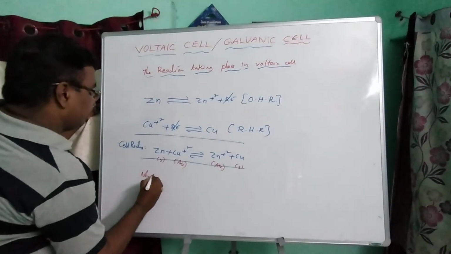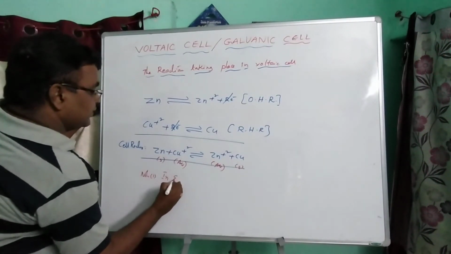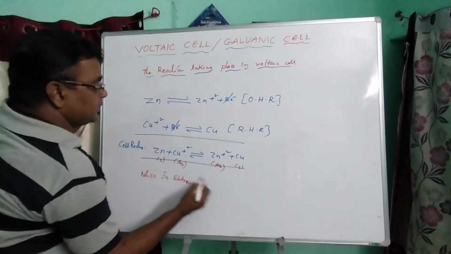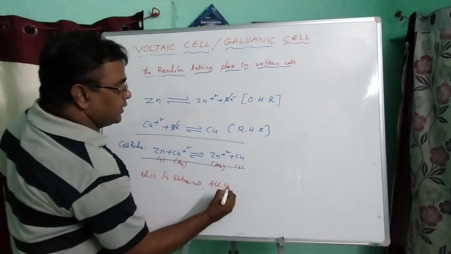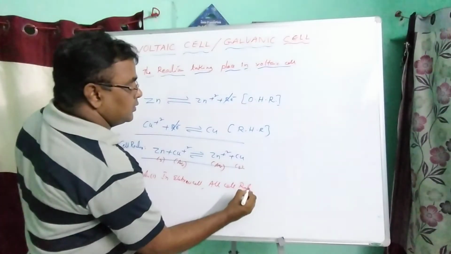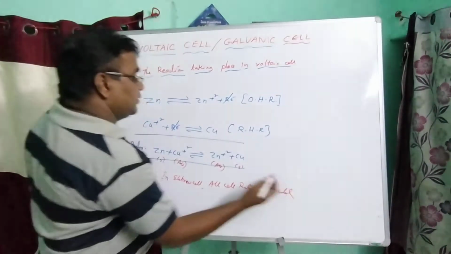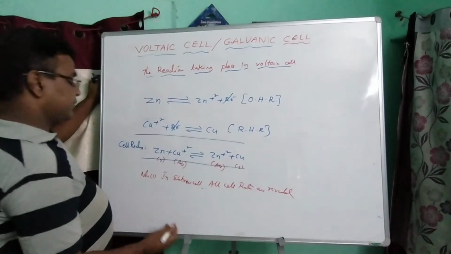Note 1: in an electric cell, whether it is voltaic or Daniell, any cell, all cell reactions are reversible.